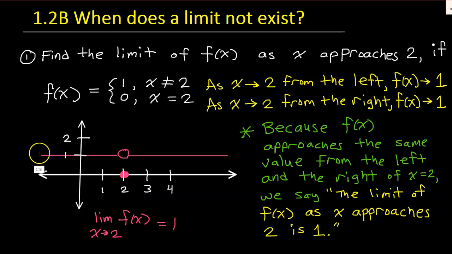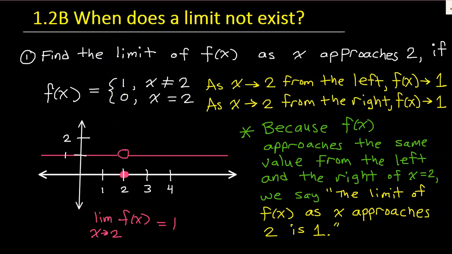We talked about what the value of the function is as we approach 2 from the left, and what's the value of the function as we approach 2 from the right. In both cases, it happened to be 1 for this particular problem. But we did not talk about what's happening at 2 because it doesn't matter.